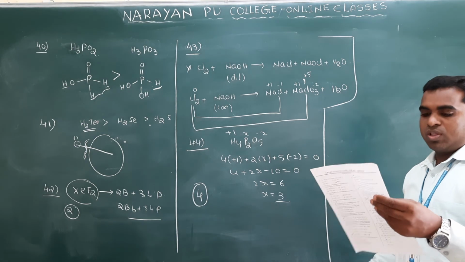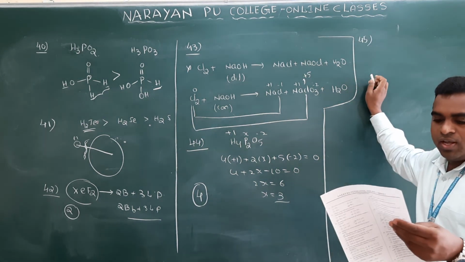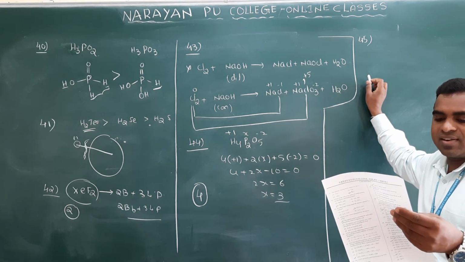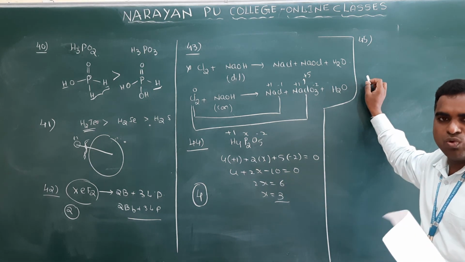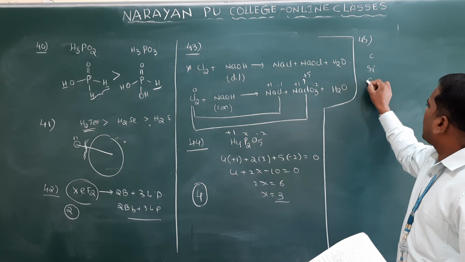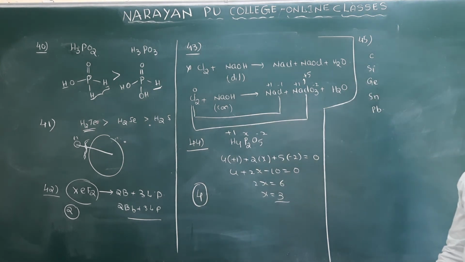Clear? Coming to question number 45. Which of the following oxidation states are the most characteristic for lead and tin respectively? This is the group 14 elements. You know carbon, silicon, germanium, tin, and lead.